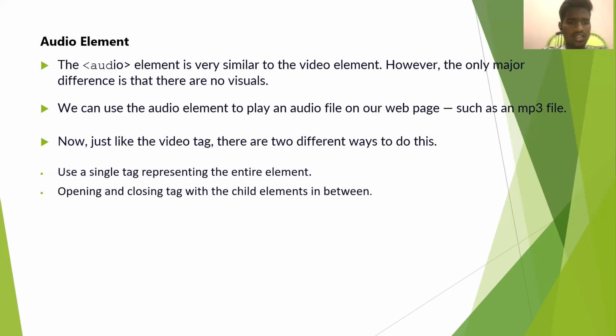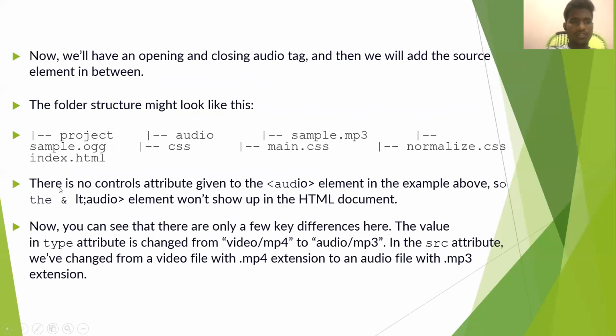Here the audio is the opening tag, and we also include the closing tag with the child elements in between them. If we have src, that is the link, or type, those are the child elements. These are the two ways to include the audio element in HTML.